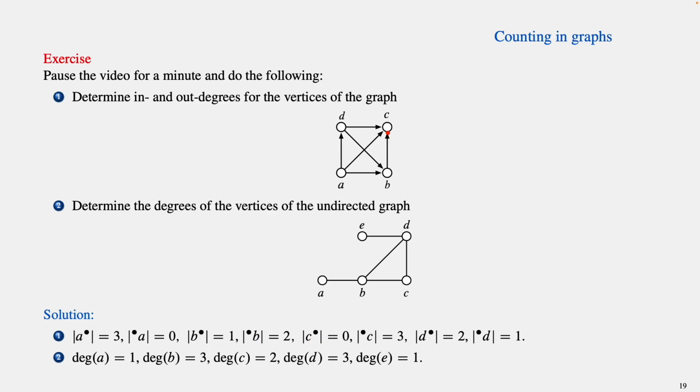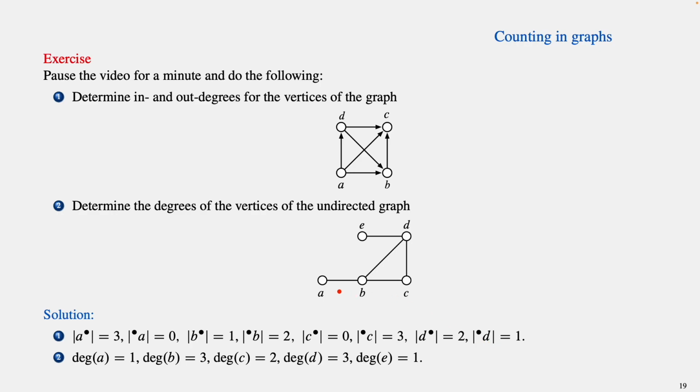For C, we have no outgoing edges, so the out degree is 0, but we have the 3 incoming edges here, so the in degree is 3. And for D, we have 2 outgoing edges, 1 to C, 1 to B, and the 1 incoming edge from A, so out degree is 2 and in degree is 1.